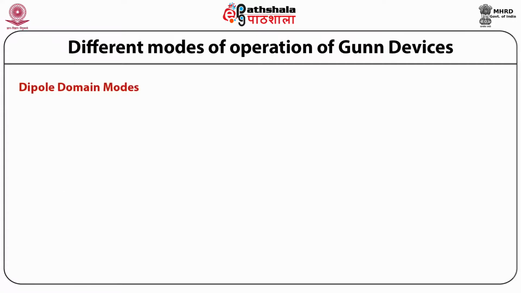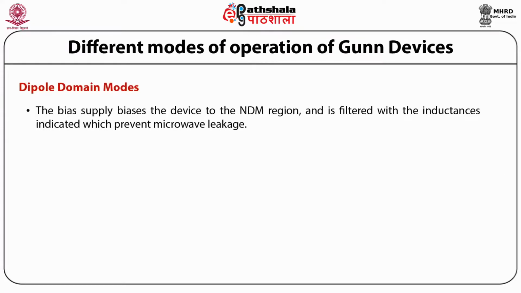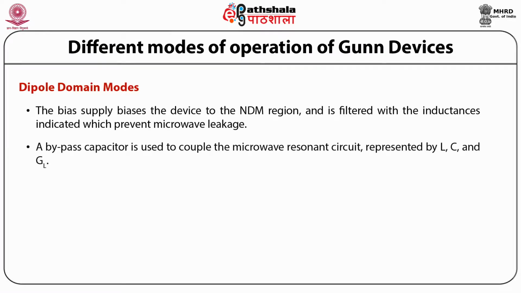Now here the bias supply biases the device to the NDM region and is filtered with the inductances indicated, which prevents the microwave leakage. A bypass capacitor is used to couple the microwave resonant circuit represented by L, C and GL.